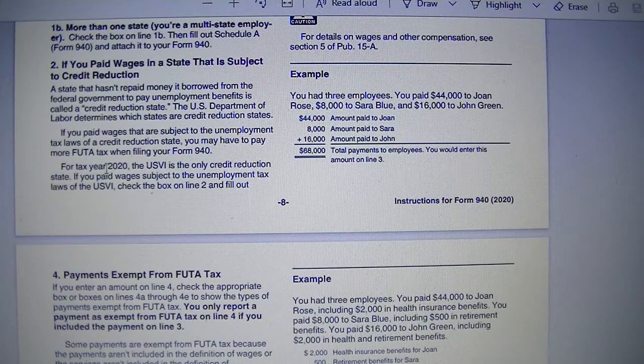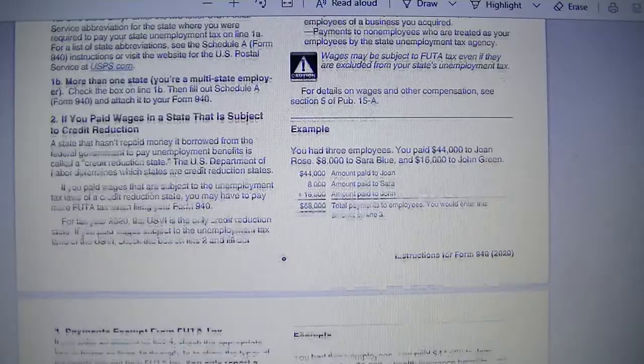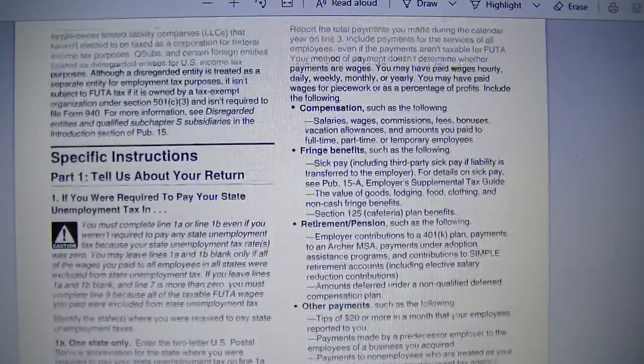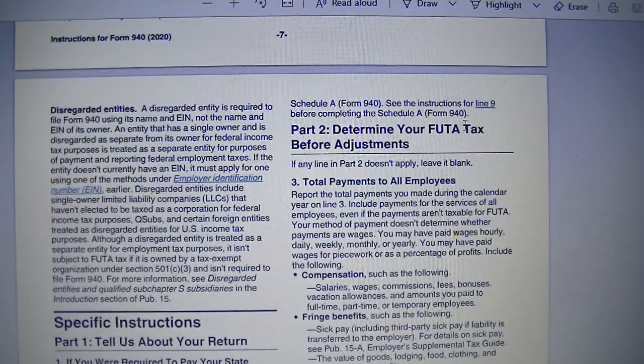So for tax year 2020, the USVI is the only credit reduction state. If you pay wages subject to unemployment tax law of the USVI, check box 2 and fill out Schedule A Form 940.